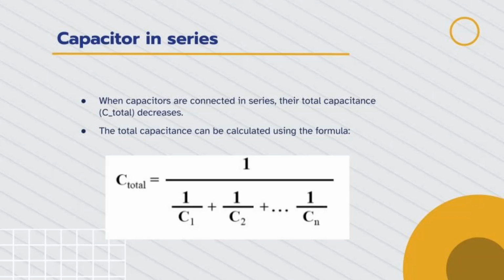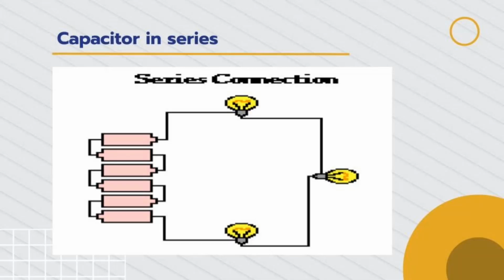To calculate the total capacitance in a series connection, we use this formula. Total capacitance is equal to 1 over (1/C1 + 1/C2 + ...), and so on and so forth. We take the reciprocals of each capacitor's capacitance, add them together, and take the reciprocal of the sum.